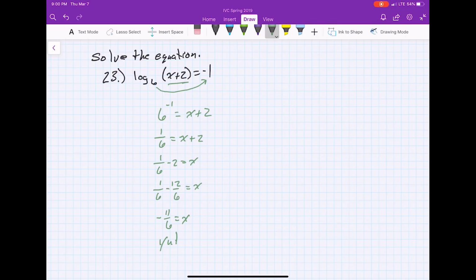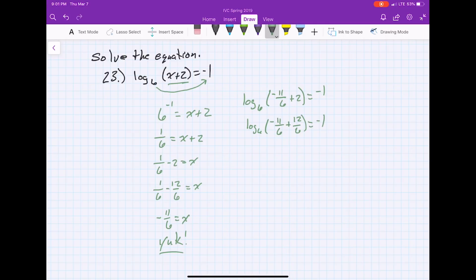Now, when we do this, yeah, it's pretty yucky. But when we do this, we have to check, because there's sometimes some funny things that can go on that we get an erroneous result here. So we have log base 6 of the quantity -11 over 6, plugging that in for x, plus 2, equals -1. Find the common denominators on the inside here, plus, we already found this, it's 12 over 6.